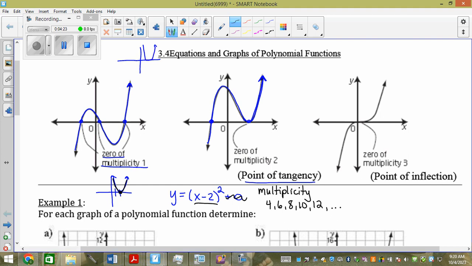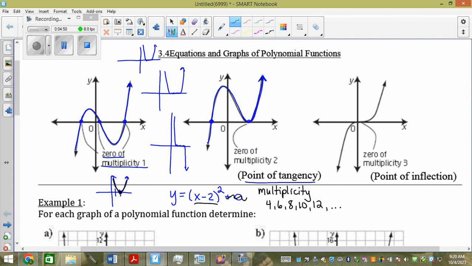See how much wider it is? Because it's bouncing. This one only bounces once, twice. Sends it up because it's multiplicity 2. If it's 10, it gets wider. If it was even more than 10, say it was 16, it'd be 1, 2, 3, up to 16. What if it's 17? Ooh, leading us into that. 1, 2, 3, up to 17.